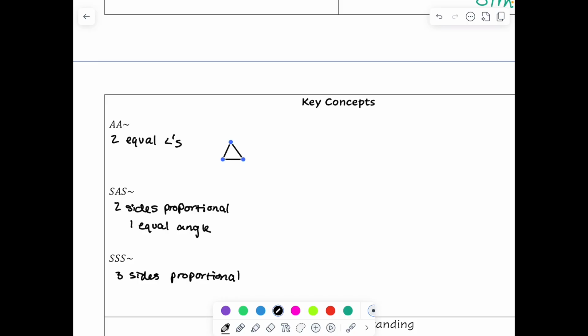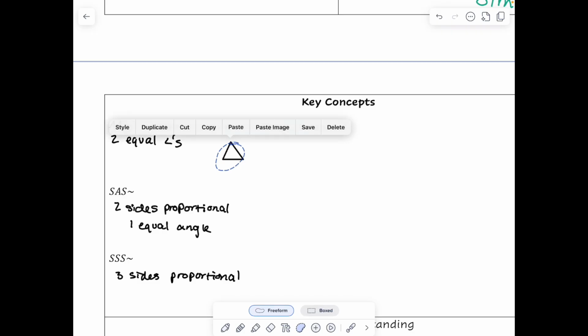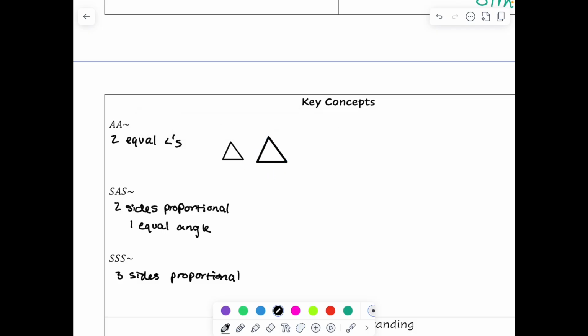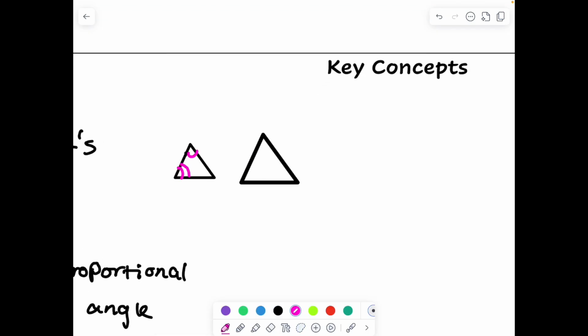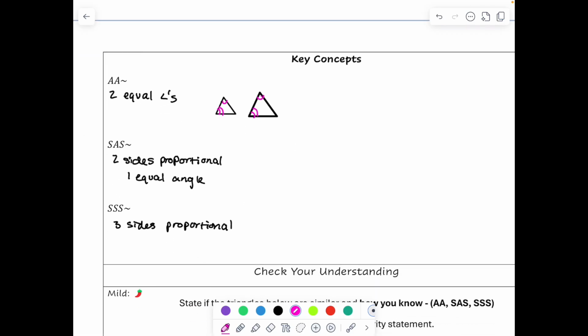And maybe it would be good to draw some pictures here. Okay, where you have two equal angles, two sides proportional, and one equal angle.